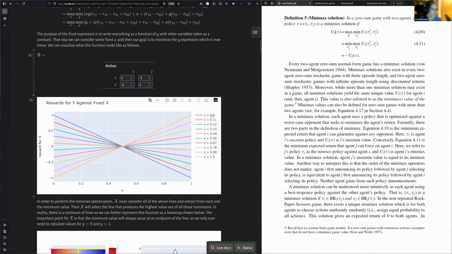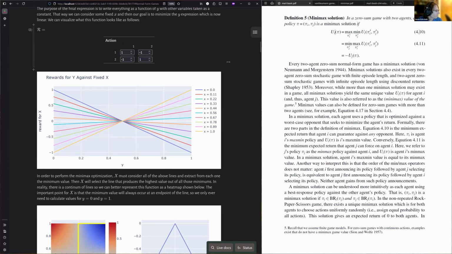So x is trying to pick the line for which the smallest value on the line is the highest, which will end up being one of these lines which crosses in the middle, where the value is just 0 everywhere. Because if we pick any other line, we can see that it's going to end up going below the axis here.